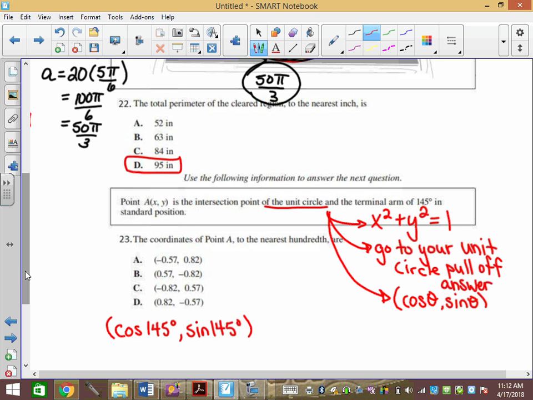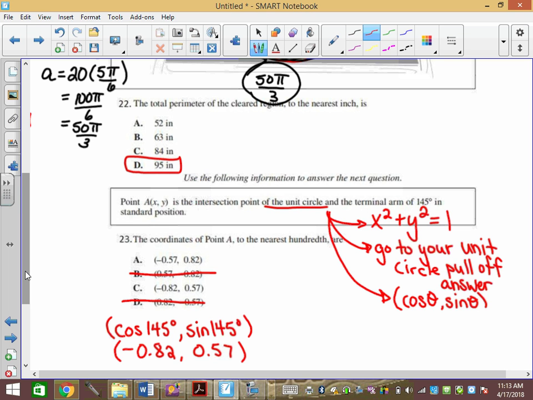I promise you some of these answers are probably from being in radian mode. So, cos 145, negative 0.82. Sine 145, 0.57.